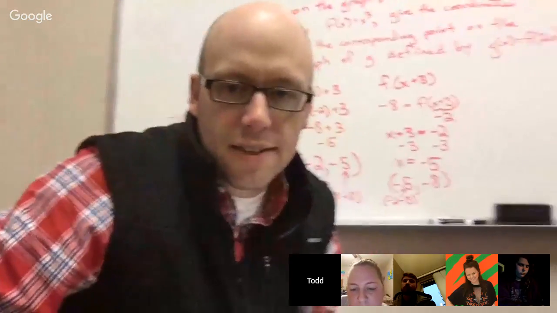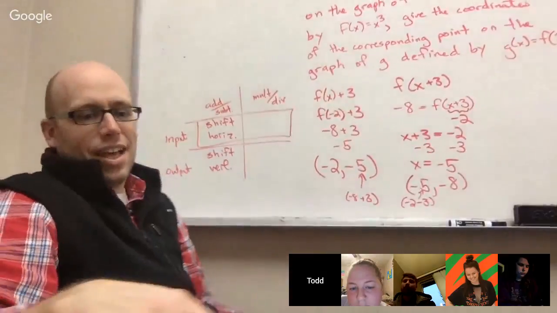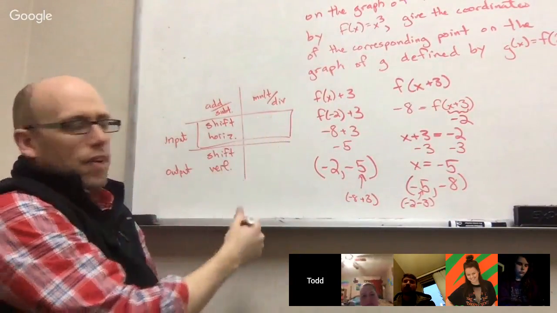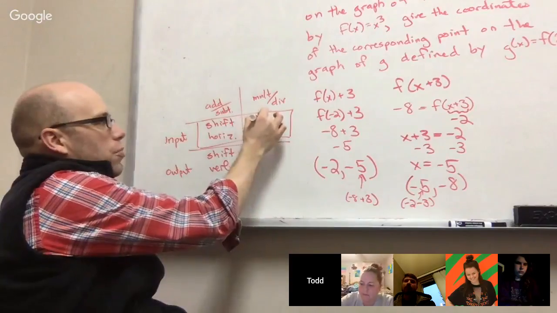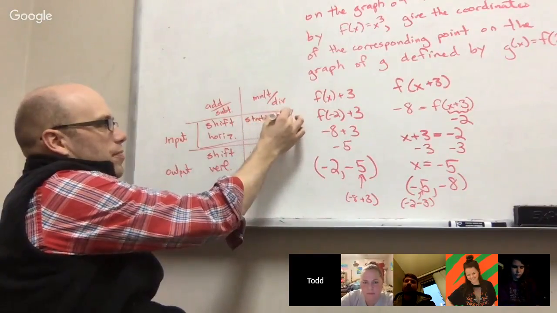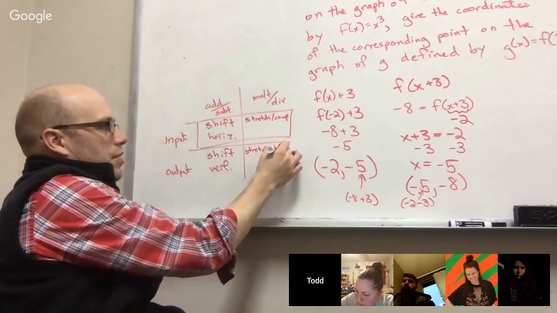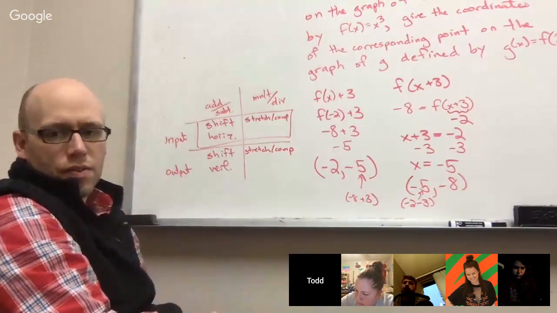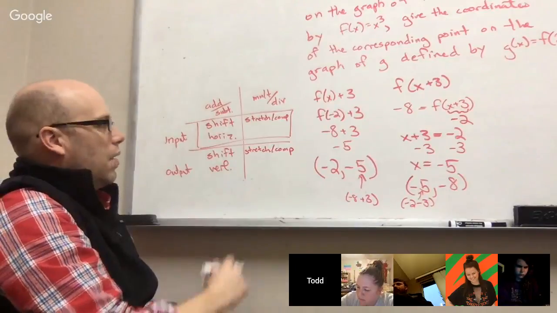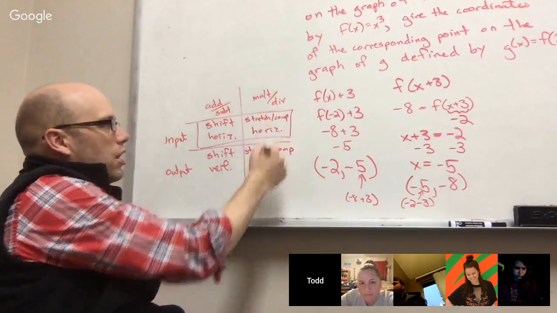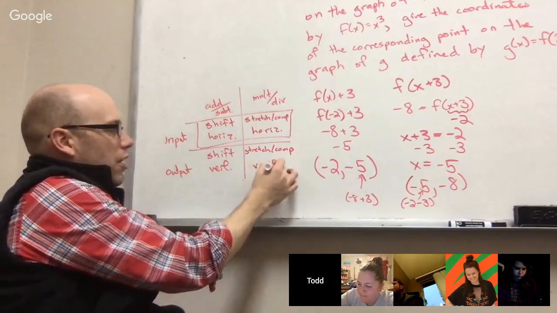You're going to come back and see me. So if I multiply or divide, I get a stretch or compression. Right? And inputs always are affected horizontally. Outputs are always affected vertically.